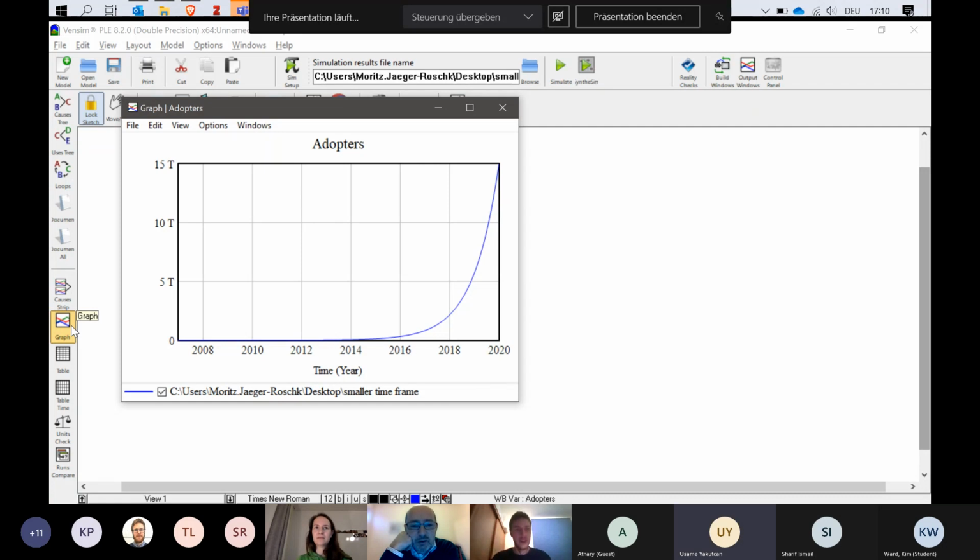Many times you run the first simulation and you start accumulating different runs. When you see runs that don't make sense, you can go to control panel, runs, and get rid of them, and then you concentrate on that. So we can see here that this model is not correct because the adopters will be 15 trillion, which is much more than the population in the world.